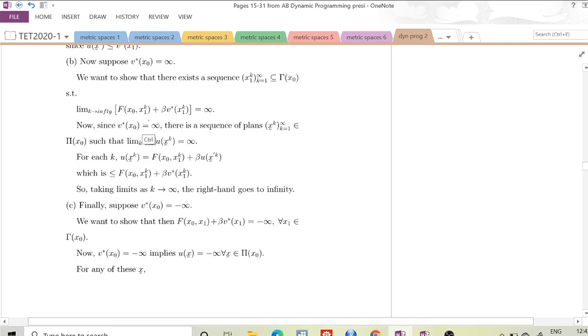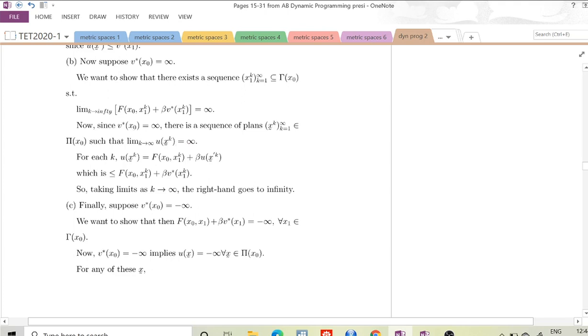So you start with noting that V star of X naught to start with is the sup for the sequences problem, and it's infinity, which means that there's an infinite sequence of plans. And this sequence has the property that the discounted present values over this sequence, as you take k to infinity, goes to infinity. That's why the sup is infinity, right?